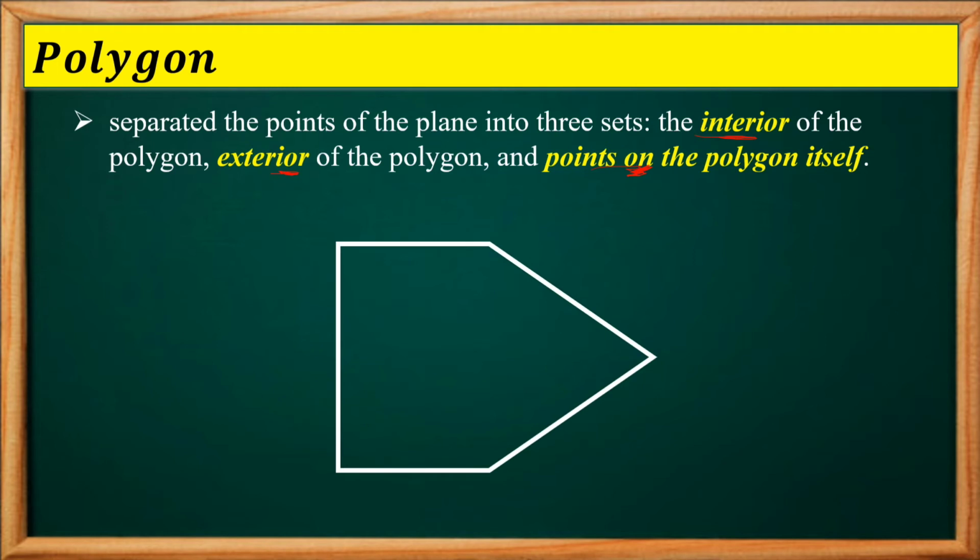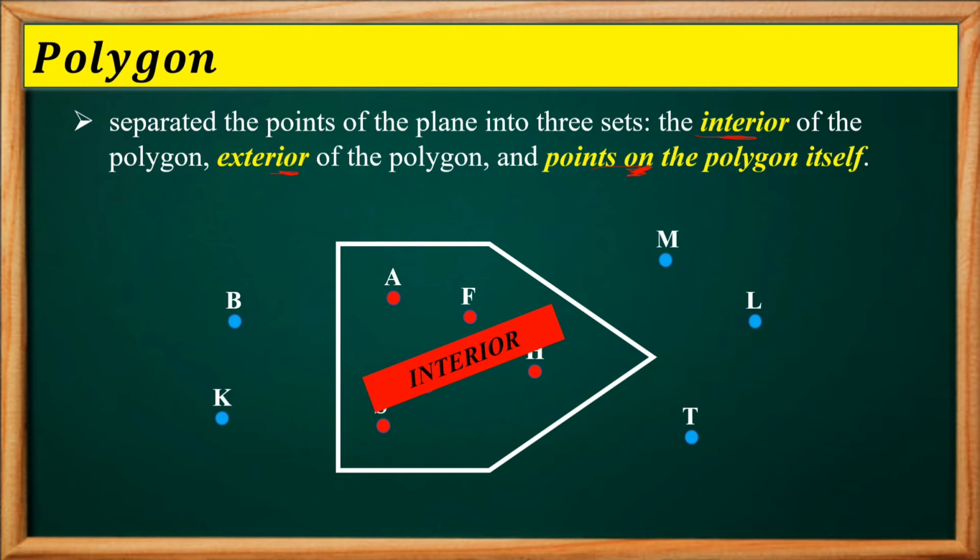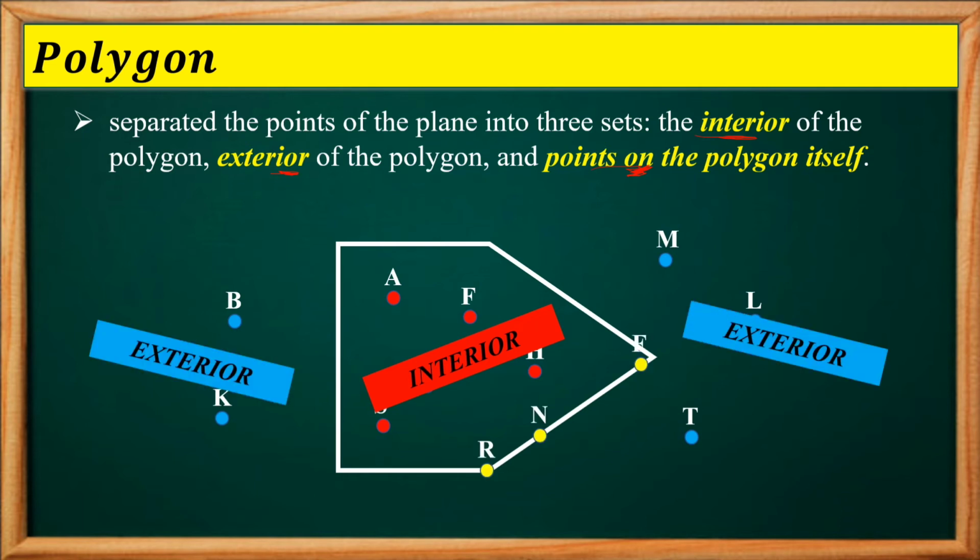Okay, if we have here a polygon, for example, this kind of polygon. Now, these points inside this polygon, as you observe, you have different points. These points inside this polygon are what we call the interior points of the polygon. Now, if we have points outside the polygon, meron tayong mga points na sa labas, those are what we call the exterior points of the polygon.